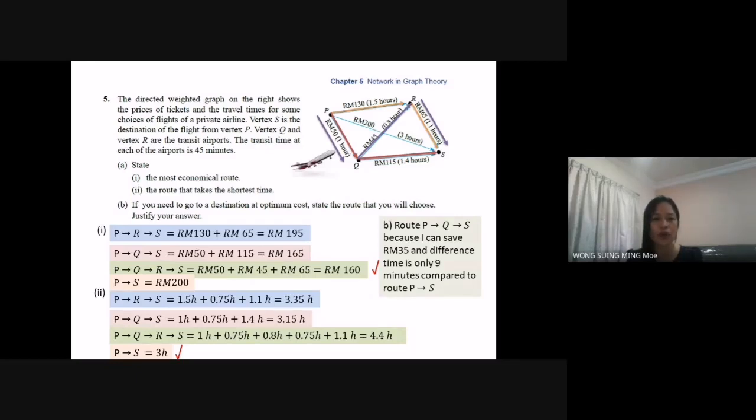The difference in time of PQS and PS is 0.15 hours. So 0.15 hour, if you convert to minutes, is 0.15 times 60. So you get 9 minutes. Okay, clear? So now we go to question number 6.